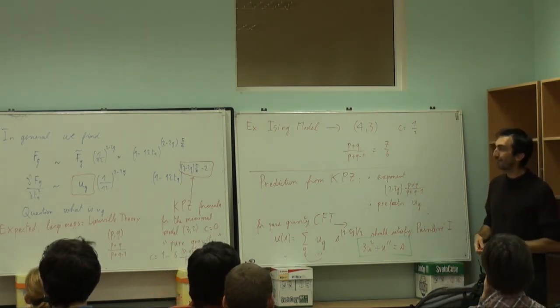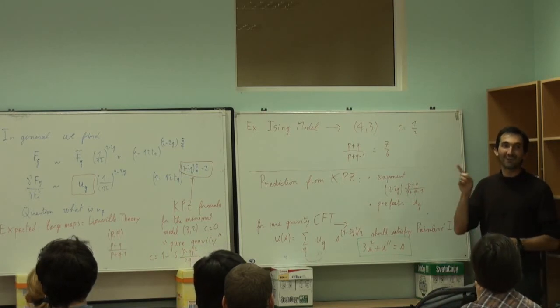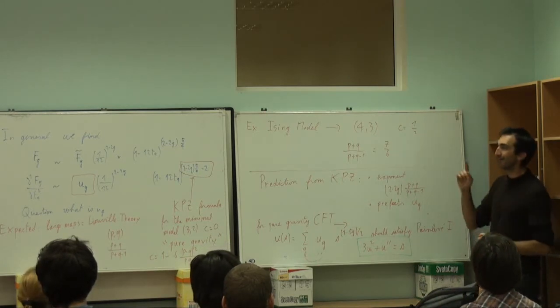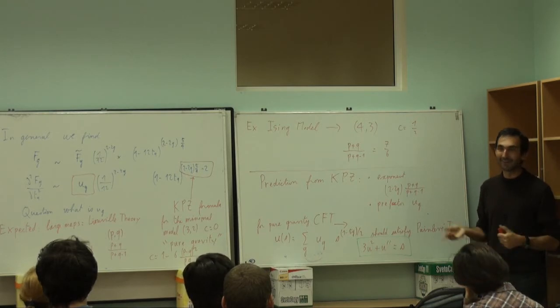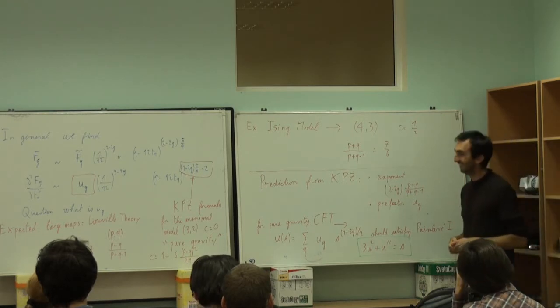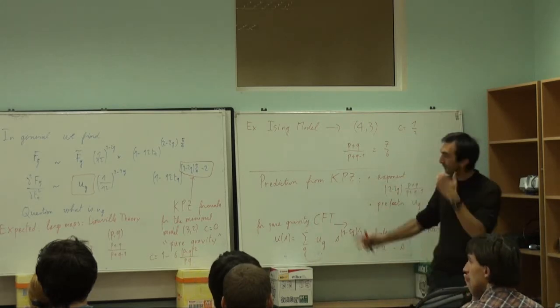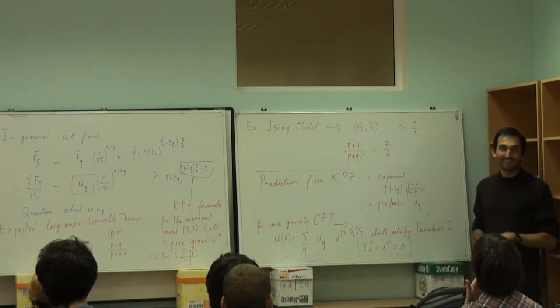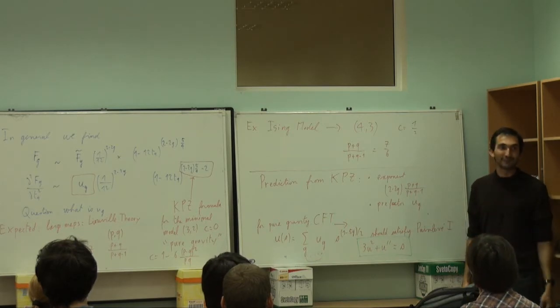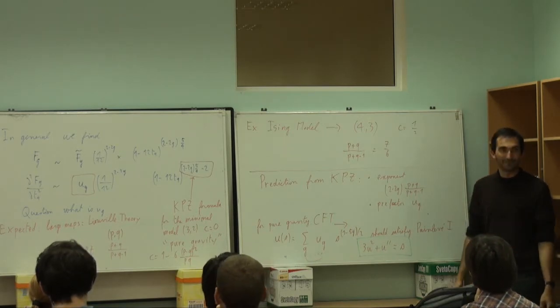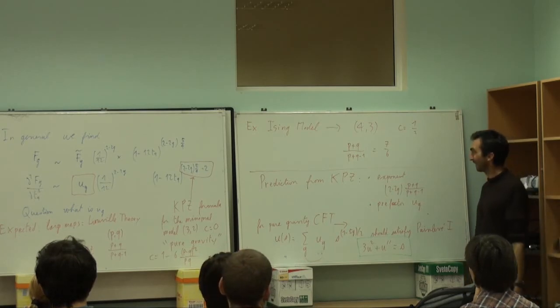And in fact, it's because Kazakov took the wrong singular point. There are two singular points in the Ising model, and he started by looking at the wrong one, which is the 5-2 minimal model. And later, it was realized by a student that there is another singular point, which is indeed the 4-3 minimal model. So KPZ works.